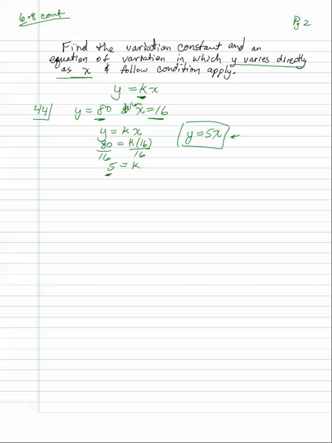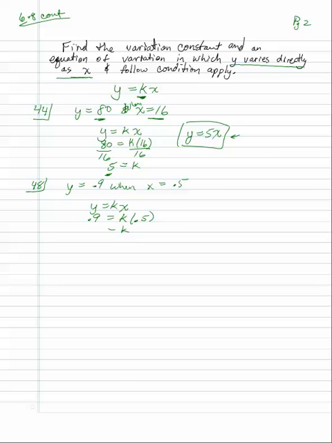So let's try number 48. Y equals 0.9 when x equals 0.5. So again, you start out with y equals kx because it varies directly. Put in 0.9 for your y, 0.5 for your x.